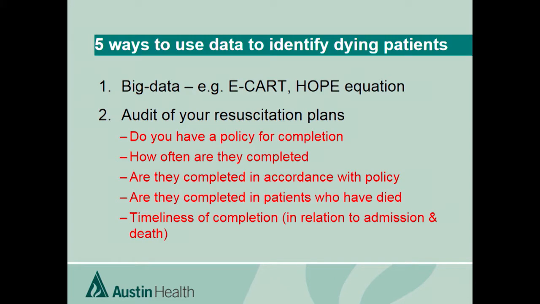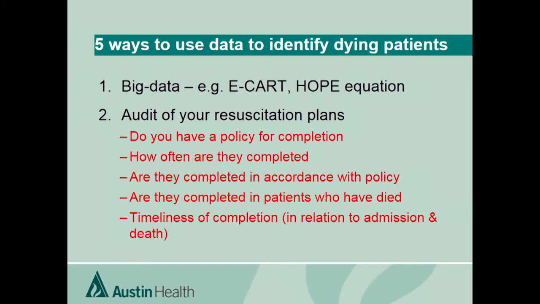All right, so here are my 5 ways, and I'm going to keep it short and sharp. We can use big data, as you've just heard, but that's really out of the realm of the average clinician, and you really need complex clinical informatics teams, data warehouses, biostatisticians, and a lot of dedicated resources.